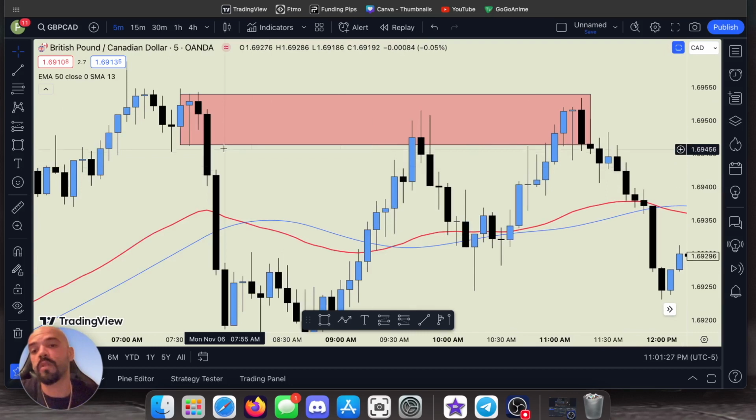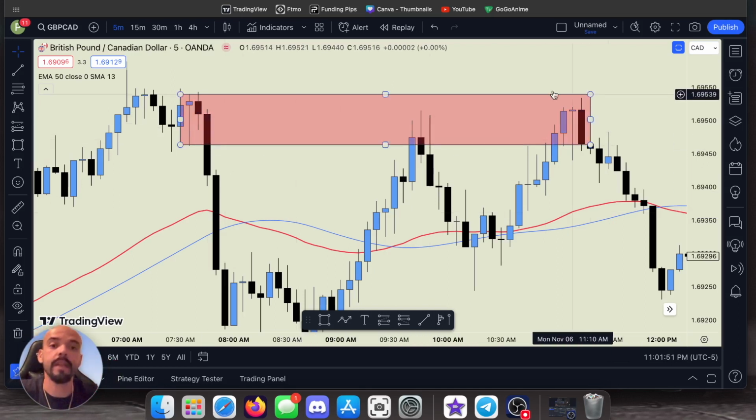I showed you what to look for: big movements down or big movements up. But in this case, we have supply, so we're looking for the big push down, movers moving the market. How to set it up? You draw your zone on the opposite candle before the big movement.